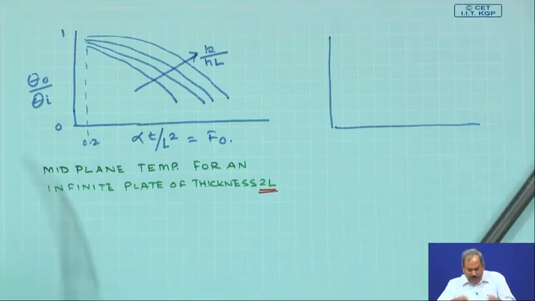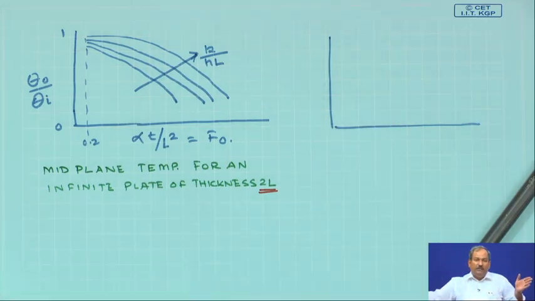So, what I mean by infinite is that the plate is really wide, however, its thickness is finite and that thickness is equal to 2L. So, this curve provides you with the centerline temperature, how the centerline temperature varies with time for different values of Biot number.